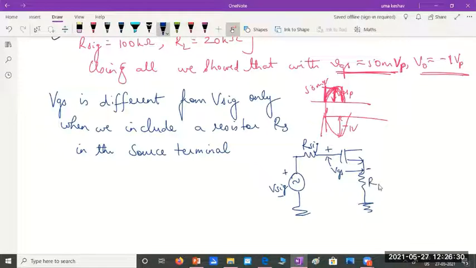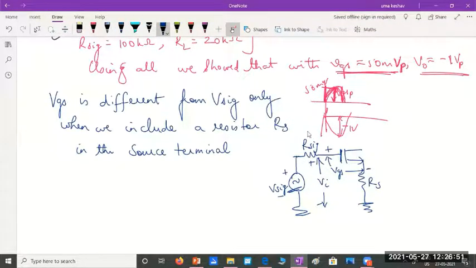So surely this voltage is different from whatever voltage we apply here, Vi. Vi and Vsig can be considered to be almost the same. Why can I consider Vi and Vsig to be the same? Always it's the same reason.